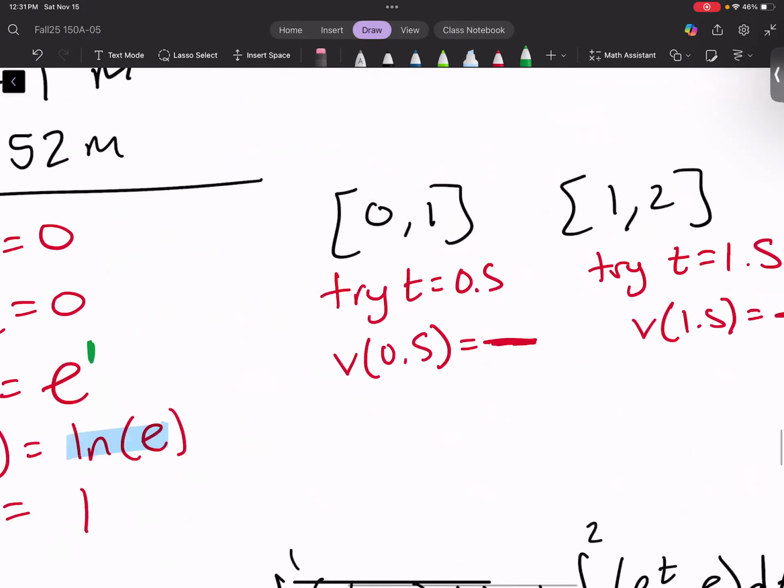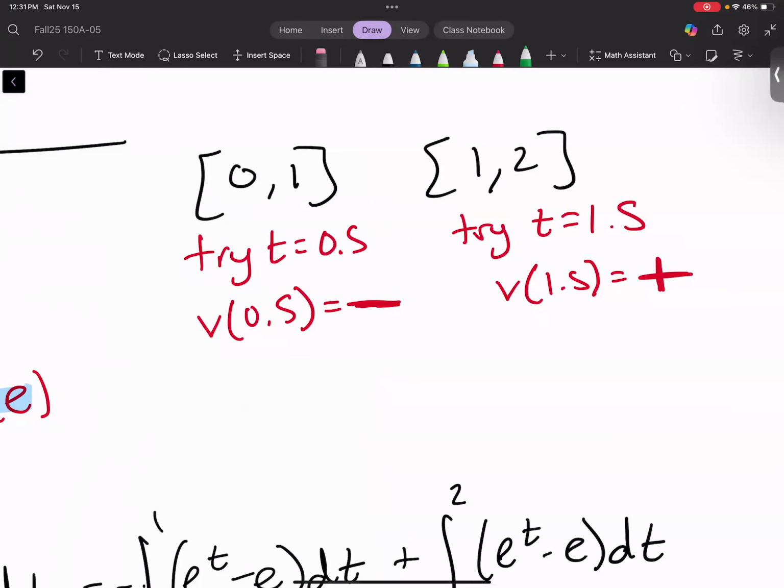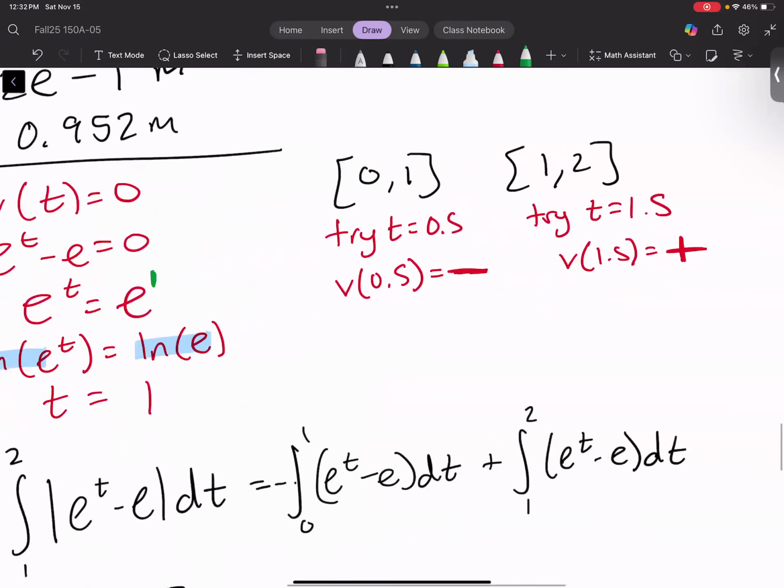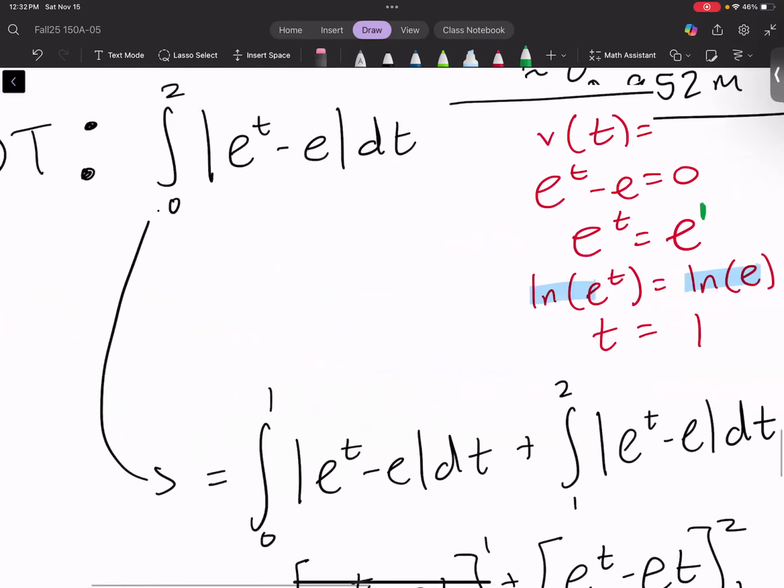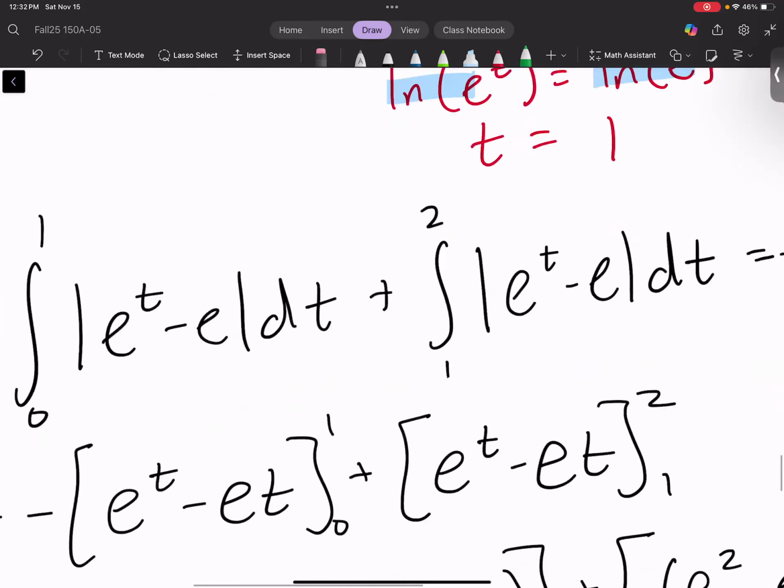Then we split into our two intervals, 0 to 1, 1 to 2, and then figure out is my velocity positive or negative on those intervals. So you just plug in a value in the middle there, kind of like the first derivative test, exactly like it actually. So we split this up.